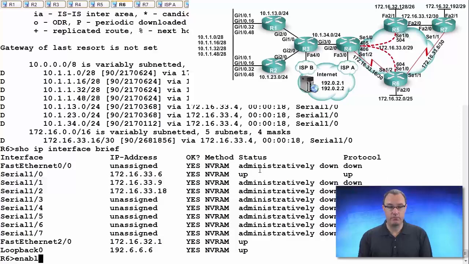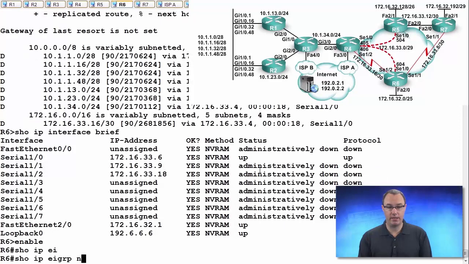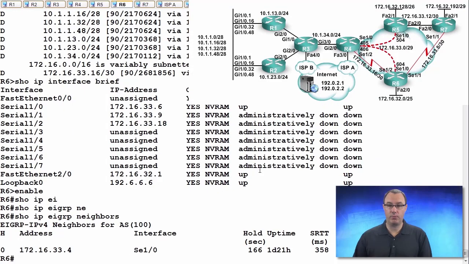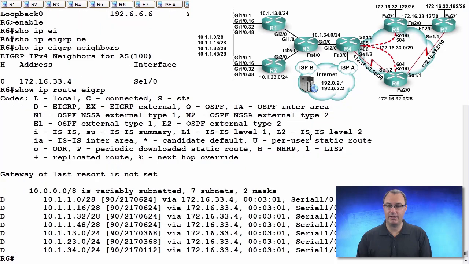So I'll do a show IP EIGRP neighbors, and this router has one neighborship to R4. Here's the problem. Let's go back and look at my routing table again. And I'm not seeing enough networks.